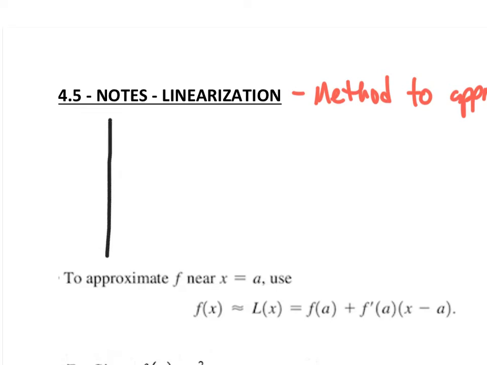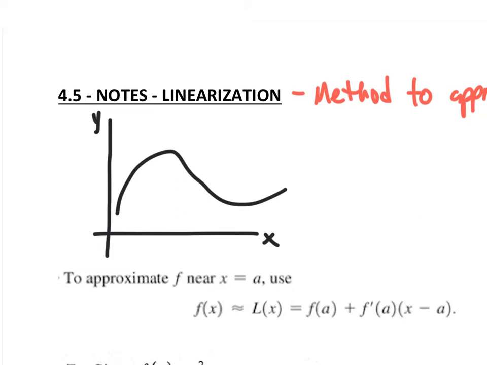Let's say that I have a graph here, an x-axis and a y-axis, and let's say that I just have some curvy function here, f. Let's say that I know that this x value is 1, and then this value right here is the y value, say f of 1.